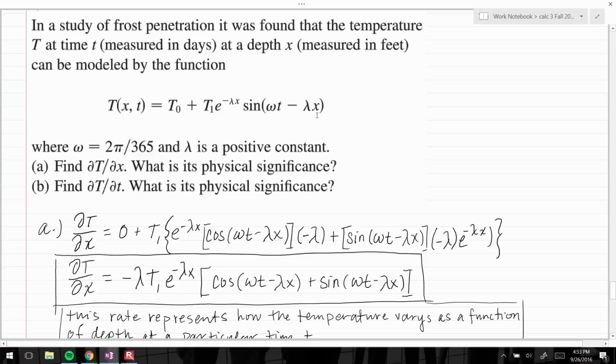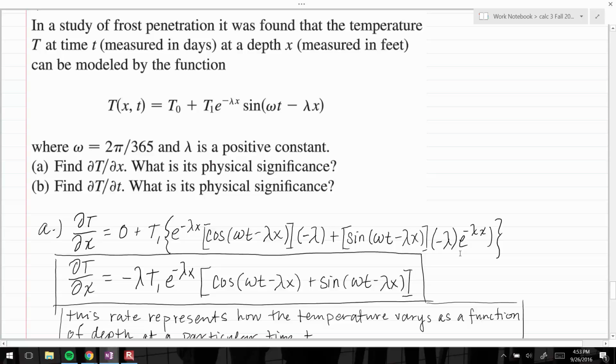So when we take the partial with respect to x, we've got two functions with x's in them multiplied. So you need to do the product rule, which I showed here. This one involves also the chain rule for the derivative of the sine thing, and then also for the derivative of the e thing.